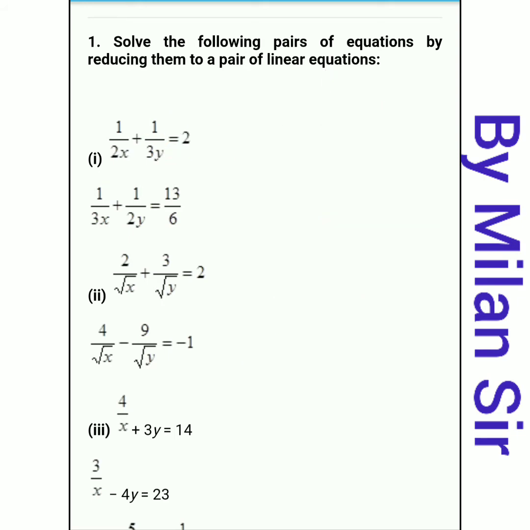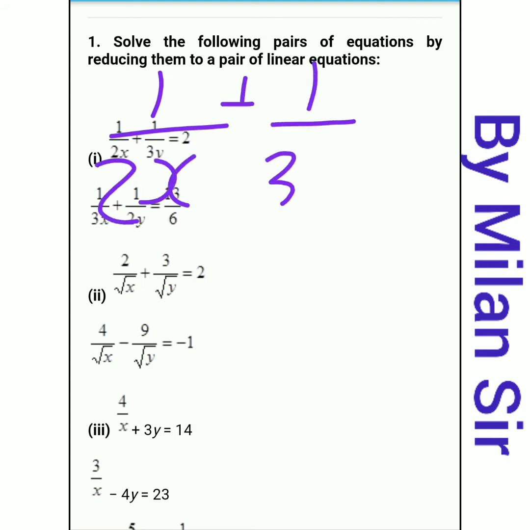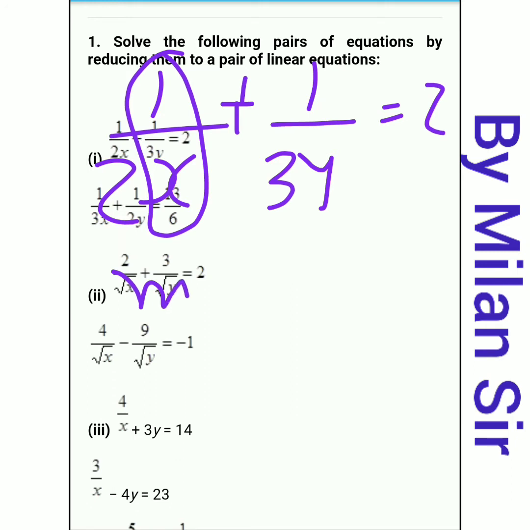So our first equation, 1 upon 2x plus 1 upon 3y is equal to 2: in place of 1 upon x I can write m, divided by 2 as it is.